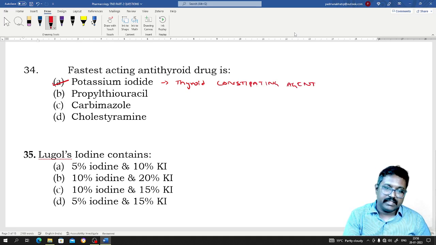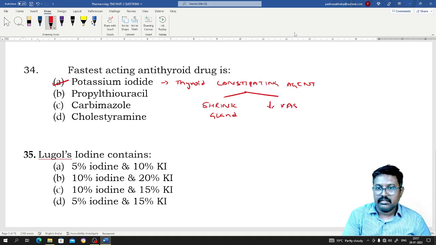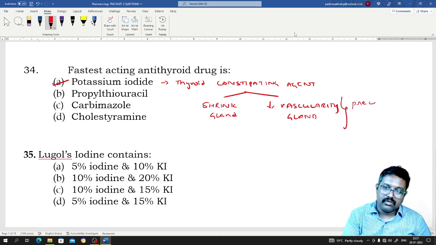So what are the two advantages you're going to see? So it will shrink the gland, as well as it will decrease the vascularity of the gland. So this will be useful in case of pre-op workup.